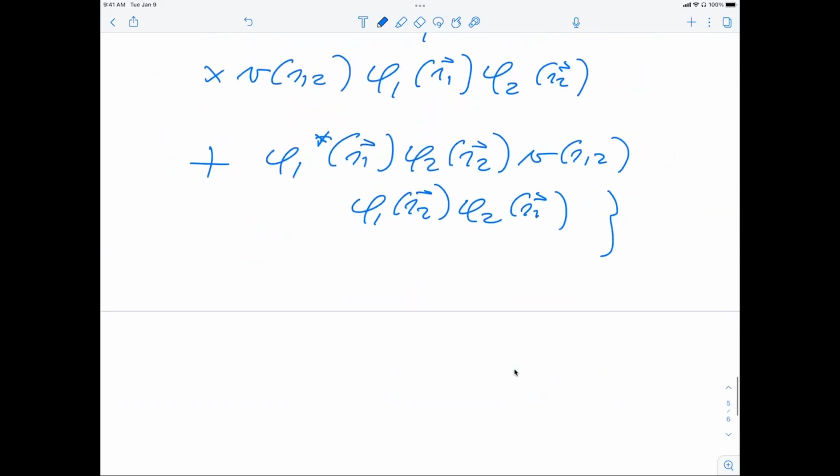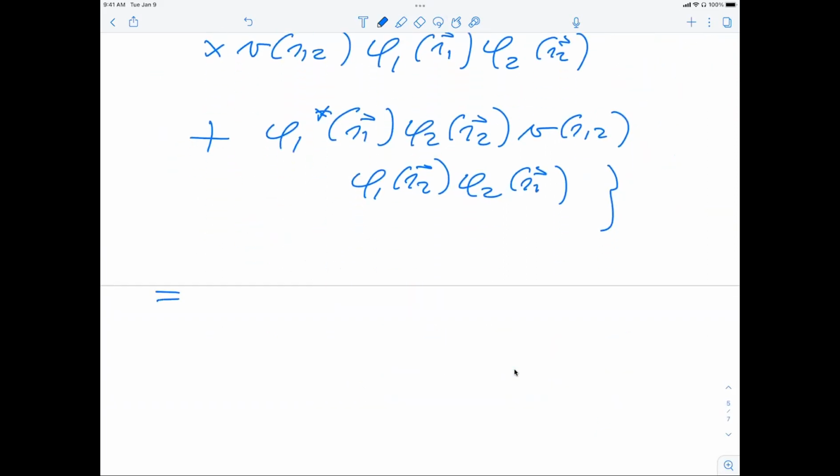So that leads us to a result where we have dr1. So now we cannot separate this into two distinct integrals for R1 and R2, because now we have an interaction which connects the particles, which means that we cannot have a product of an integral with R1 and an integral with R2.